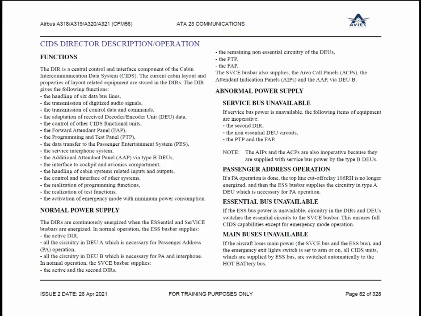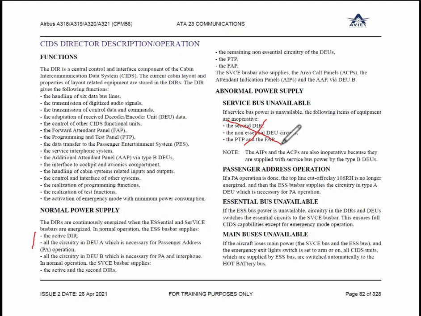If you want to remember it in one line, it is only for the PA purpose that they are connected with the essential power. Others are connected to the service bus. Okay. In abnormal conditions, the same status will be maintained, but if the service bus is lost, those will not be powered.